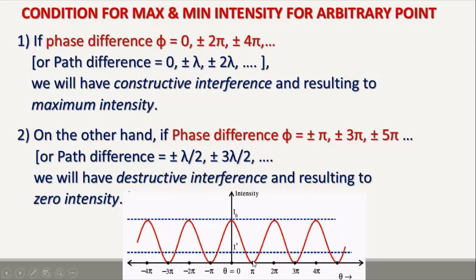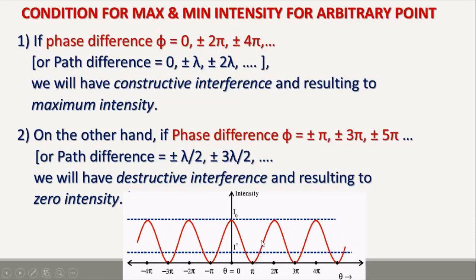Then immediately after the dark region you will have alternate bright and dark regions. This portion is indicating the bright region, this portion is indicating the dark region, and you are getting these two dark regions for the phase difference plus or minus pi. So this is plus pi on the right side, minus pi on the left side.